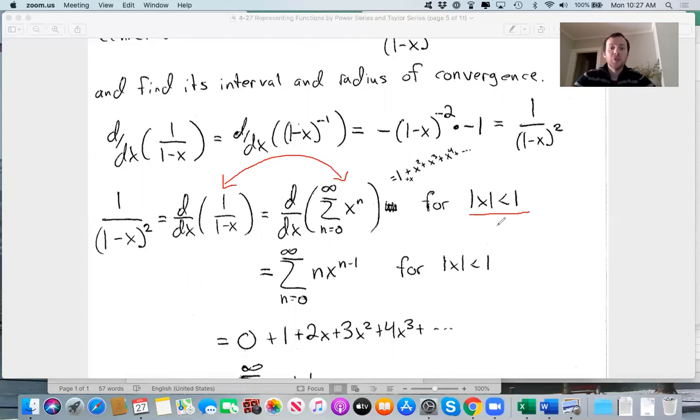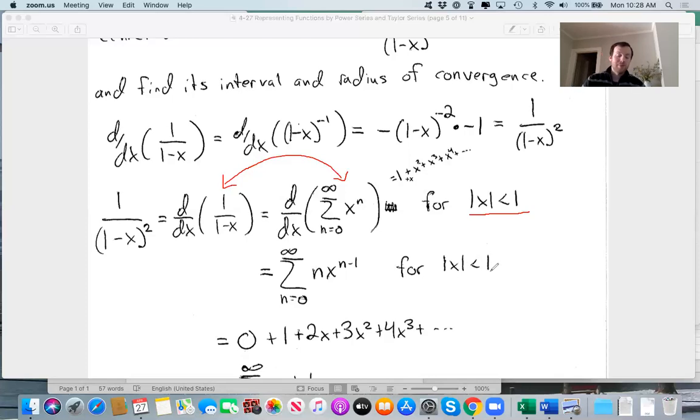So that was the interval of convergence for this series, and that's where this series and this function matched up. The new series we get also works on that same region. So this still works for absolute value of x less than 1.